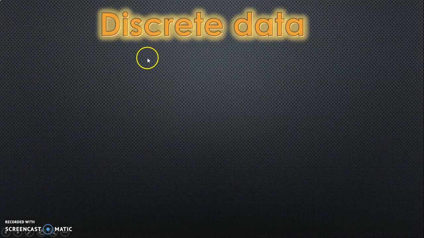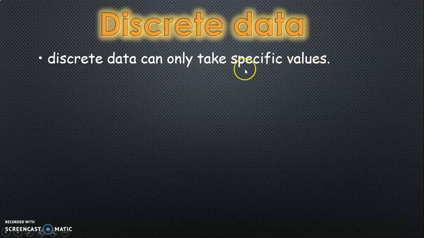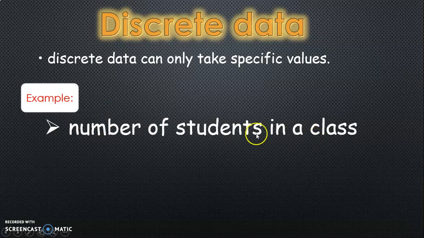The first category is what we call discrete data. A discrete data can only take specific values. When we say specific values, it means the exact amount of the given data. Example, number of students in a class.